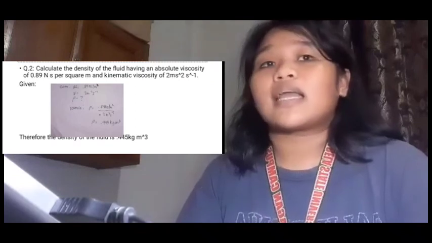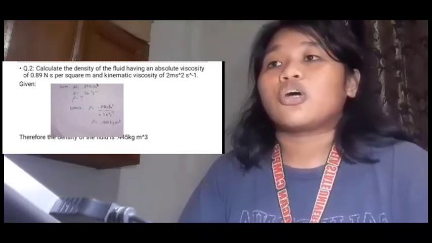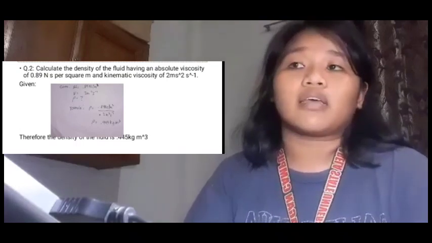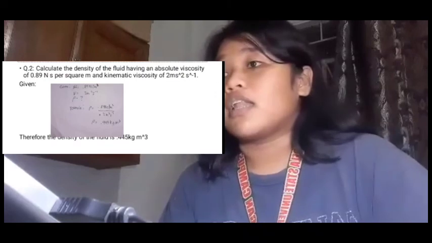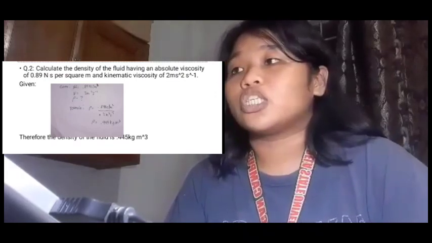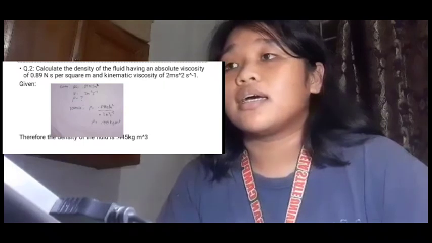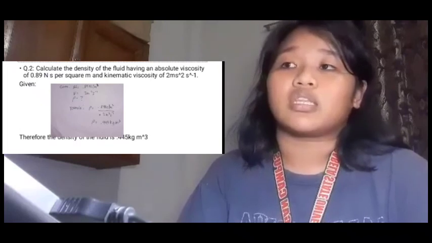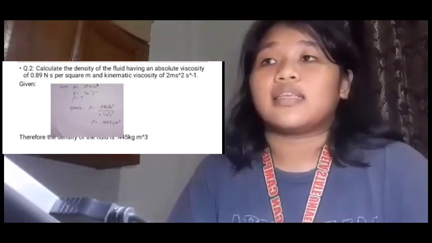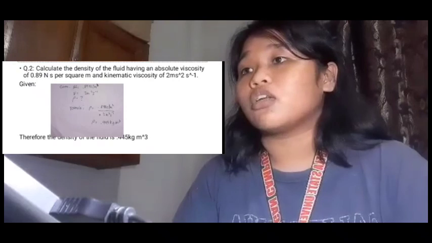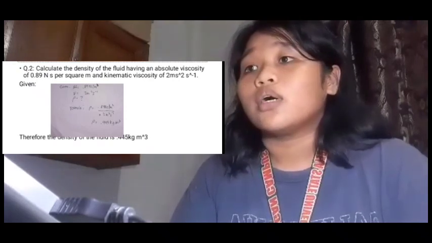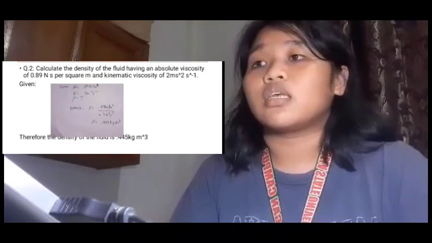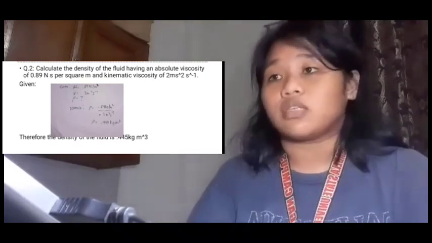So, ang formula natin is baliktarin lang natin. So, kung sa sample number 1, ang missing doon is yung kinematic viscosity. Ganun lang din sa Q2, which is, ang formula sa kinematic viscosity, nu is equals to absolute viscosity over density. Tapos, dito naman sa Q2, density is equals to absolute viscosity over kinematic viscosity.